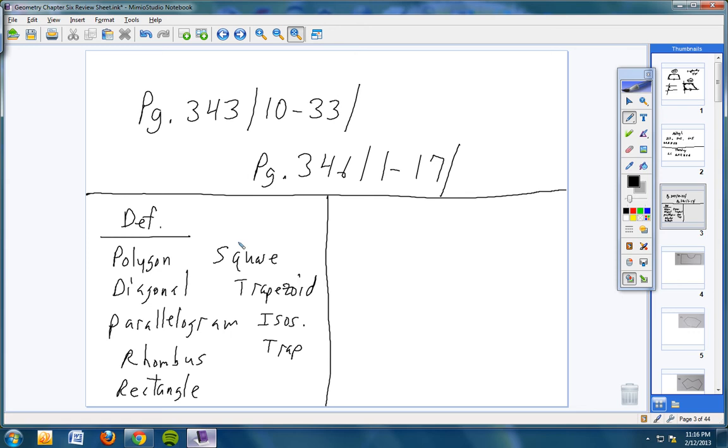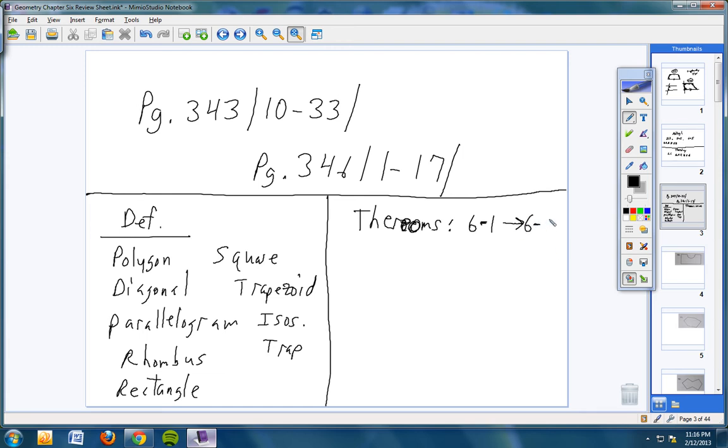They will be fill in the blank. Okay, here's your theorems. I'm drawing a blank on the spelling, but anyways, I'm going to continue on. Theorem 6-1, 2, 3, all the way to 6-5.